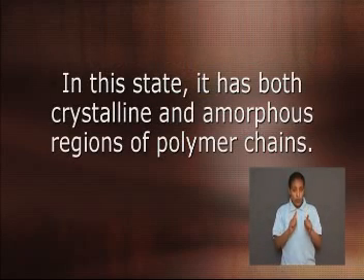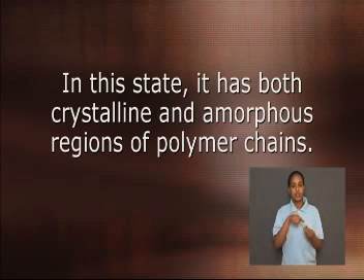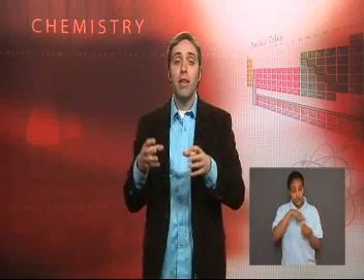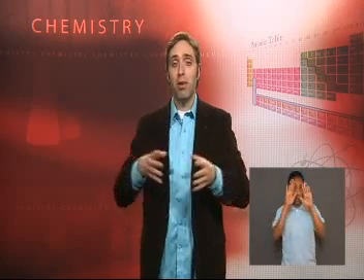When it is between its glass transition temperature and its melting point, a thermoplastic has both crystalline and amorphous regions of polymer chains. It is the combination of these regions that give thermoplastics their remarkable properties. Do your definitions agree with mine?